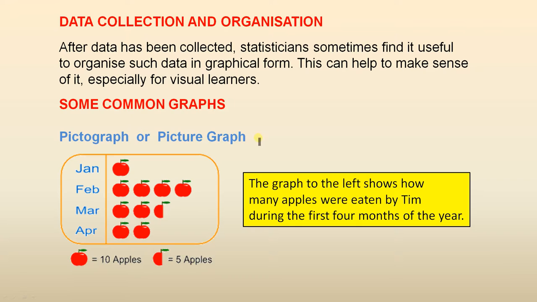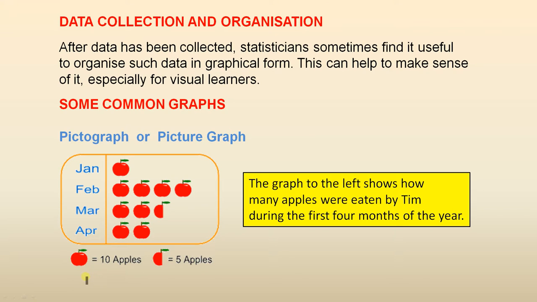The first type of graph is the pictograph. This graph to the left shows how many apples were eaten by Tim during the first 4 months of the year.